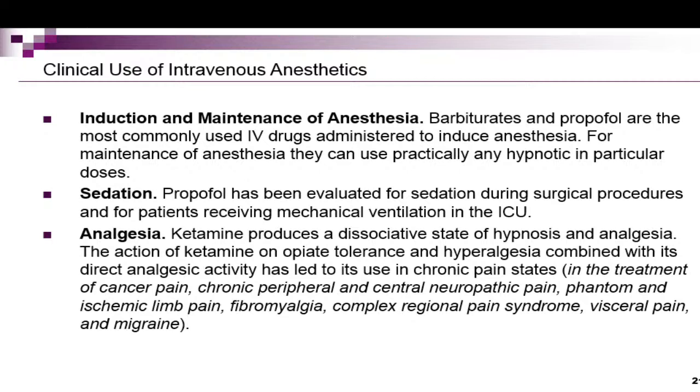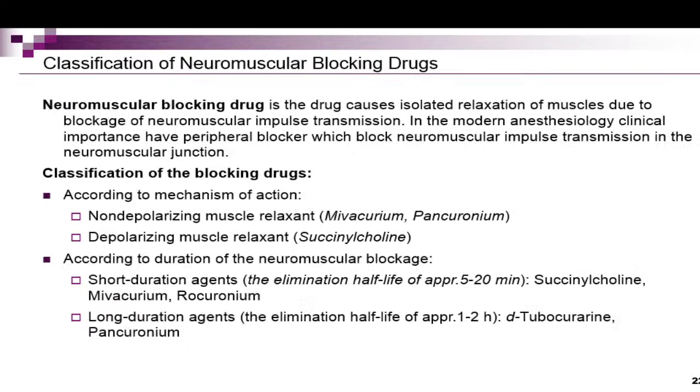We can relieve pain by repeated injections in the treatment of cancer pain, chronic peripheral and central neuropathic pain, phantom and ischemic limb pain after amputations, fibromyalgia, complex regional pain syndrome, for example post-traumatic neuritis, or visceral pain and migraine in neurology.